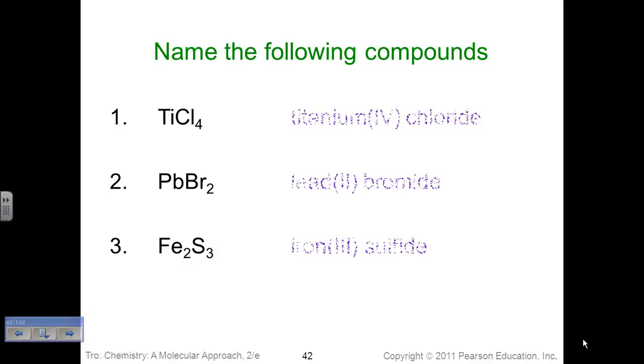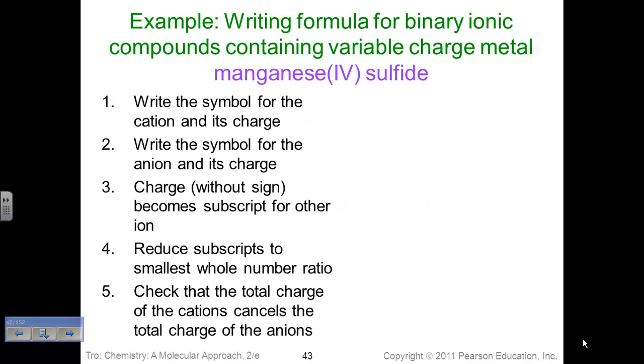So these examples are now written with the name: titanium, Roman numeral 4, chloride. Lead, Roman numeral 2, bromide. Iron 3 sulfide. Naming binary ionic compounds for those that need a Roman numeral.